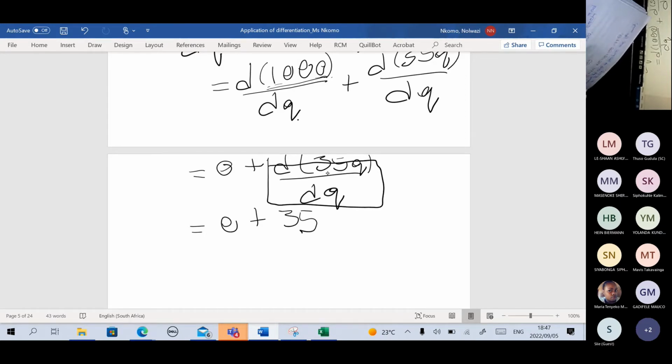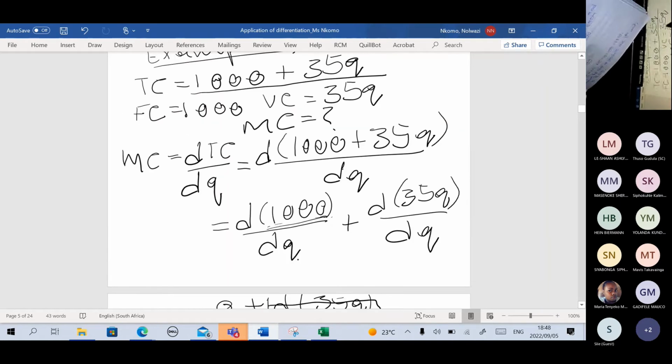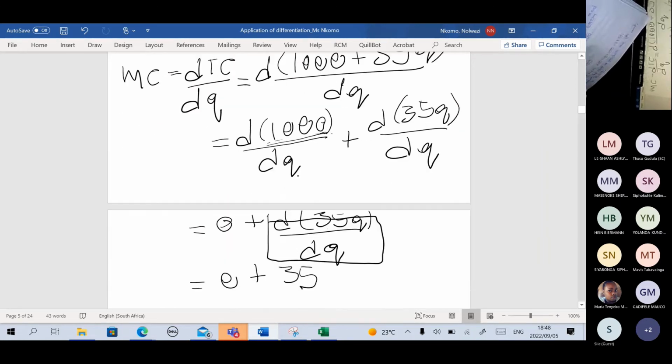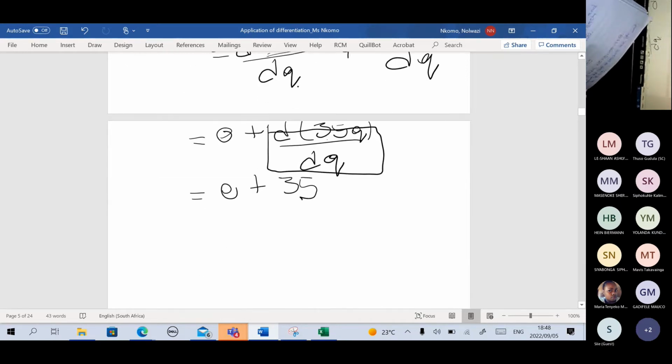We said 35Q is the variable cost. So you see that at the end, the marginal cost is just the derivative of the variable cost only.